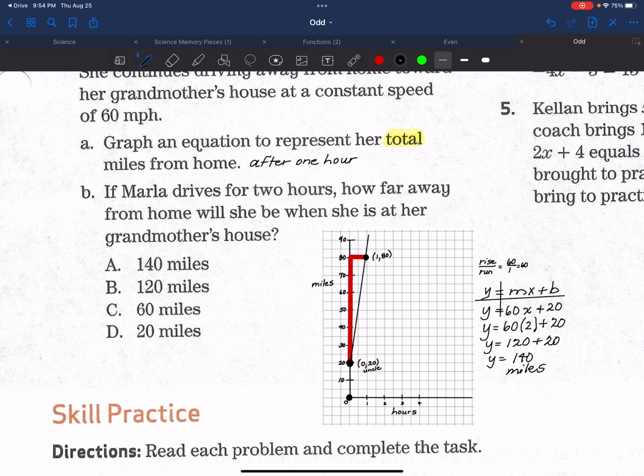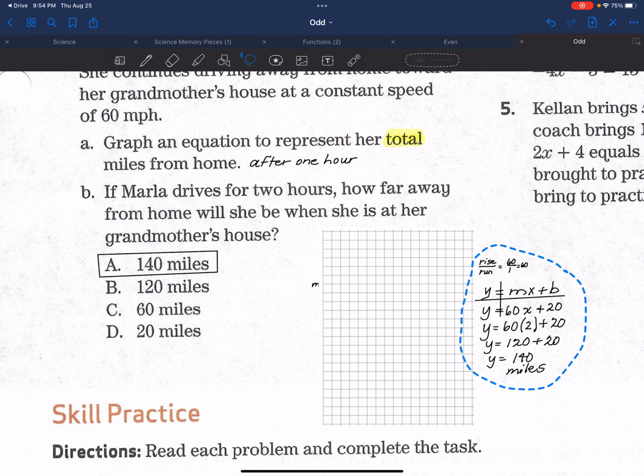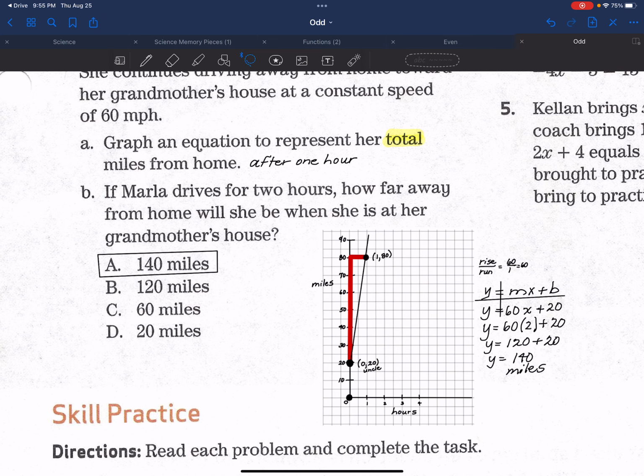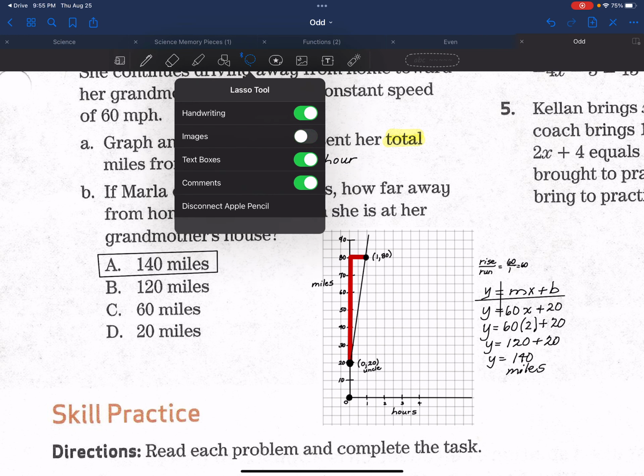So I like option A on this one. That is not an easy question. It really isn't. You have to have a pretty good grasp of what you're doing here to nail that one down. So it's a good one.